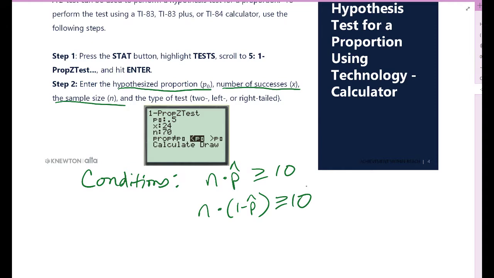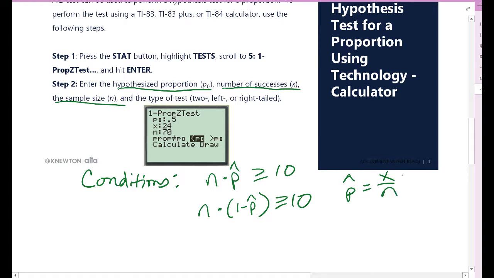These conditions will be satisfied for you in this video, but I do want you guys to know that we need these conditions to be met in order for us to perform a one prop z-test. Basically, all this is saying, hopefully it's not too confusing, is that p hat is equal to your number of successes divided by your sample size.